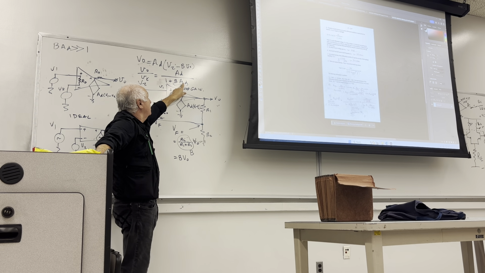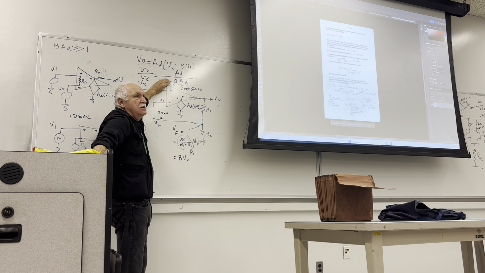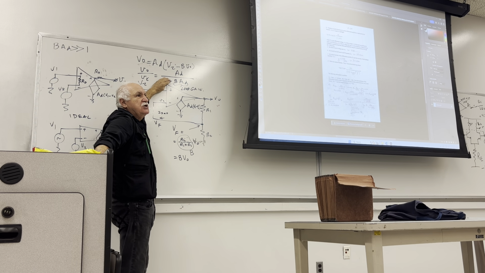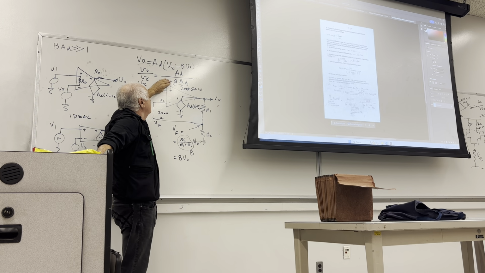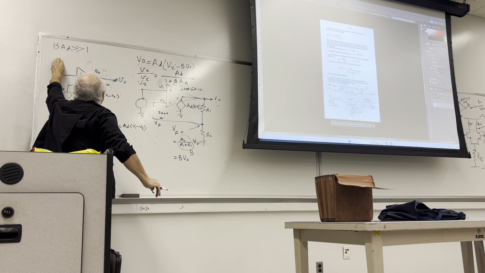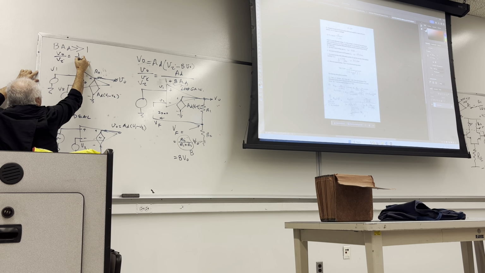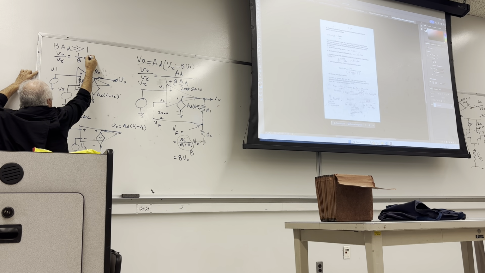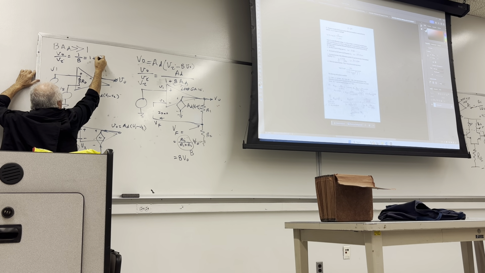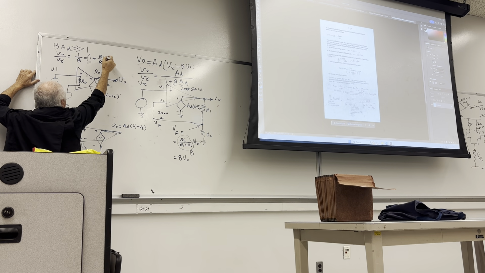If this term dominates over 1, that is, you ignore 1 compared to that, do you see AD cancels from top and bottom immediately? If they cancel, then your voltage gain, VO over VI, will be 1 over B, which is nothing but 1 plus R1 over R2.